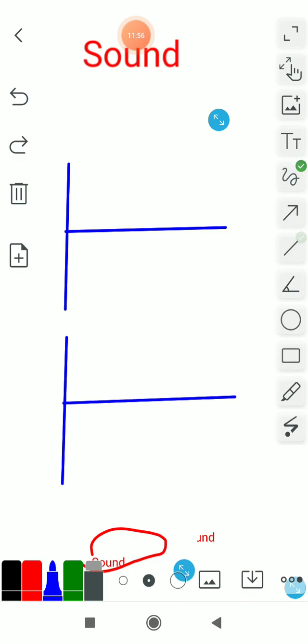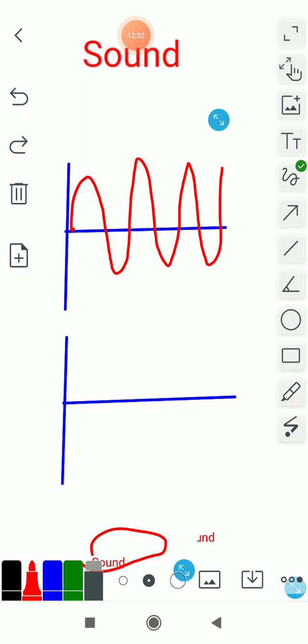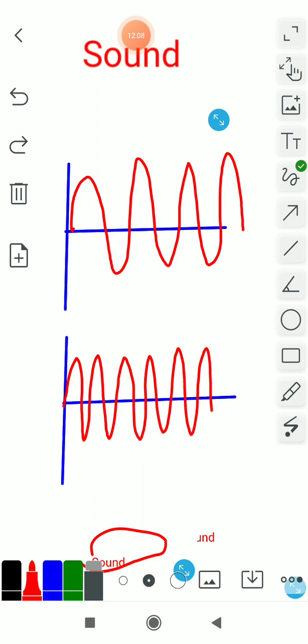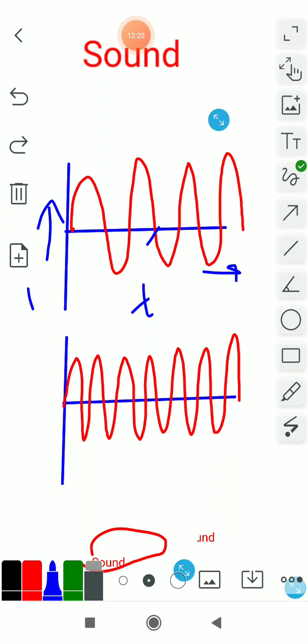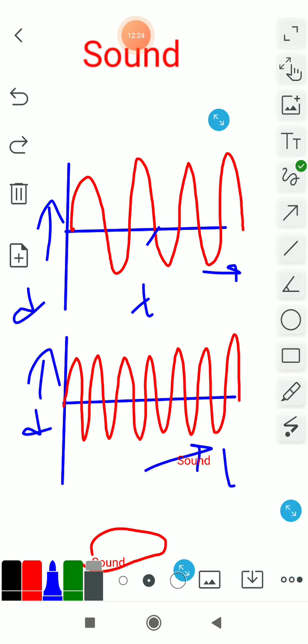Now just observe carefully. You observe two things. Along one axis is displacement d, along the other axis is time t.